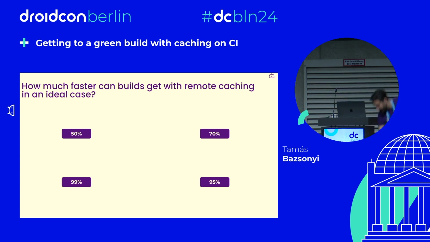So yes, in an ideal case scenario, builds can get even 95% faster.